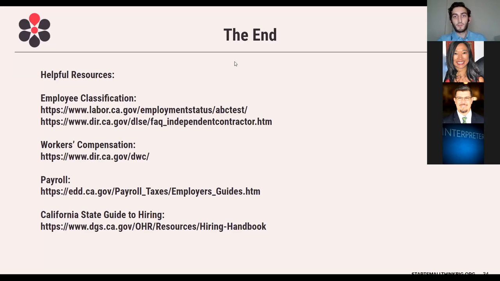Somebody else asked if limited liability corps are the same as a sole proprietor. Those are two different entity types. If you're asking this with regard to whether workers' compensation insurance is needed for yourself, if you are an LLC, the answer is that it depends on your specific situation.